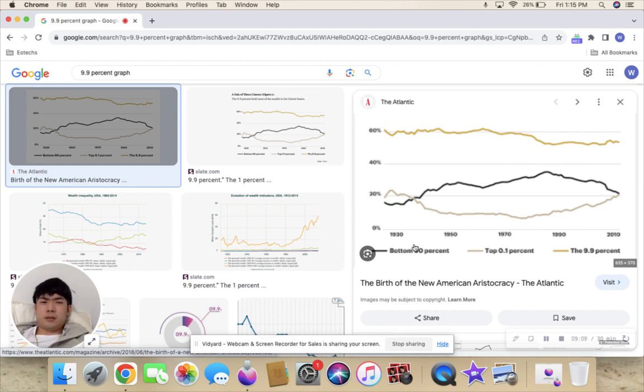Bottom 90%, right? The top 50 to 90% has a lot more than the bottom 50%, right? A much larger share. The top 0.1% is going down in their total share of money, blah blah blah, right?